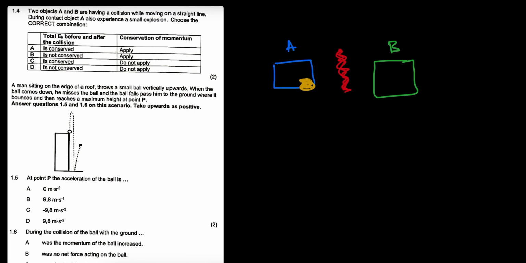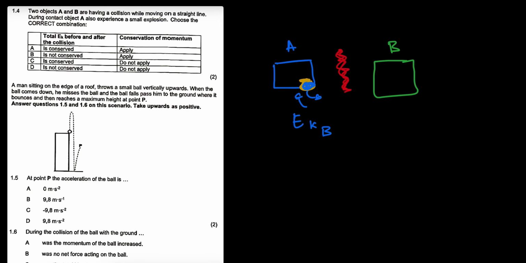Remember, before the collision, we will have the kinetic energy of the object as being whatever it is before the collision. But if you look at object A, after the collision it is going to experience an explosion.